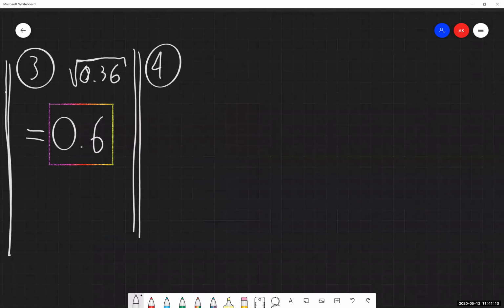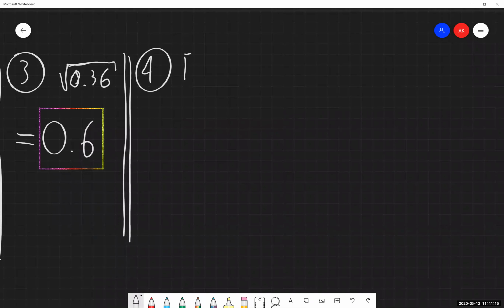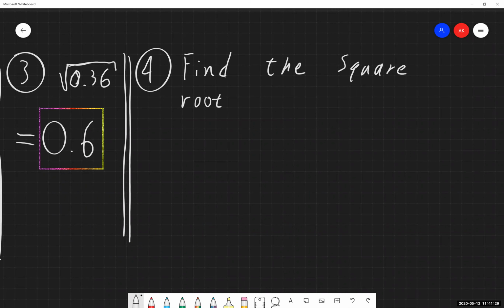Number 4 is asking us to find the square root of 100.